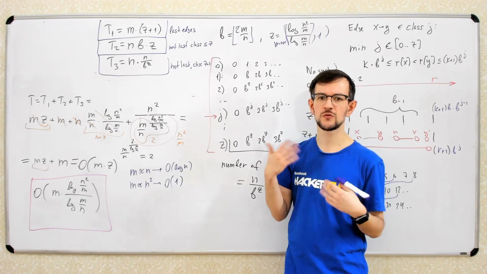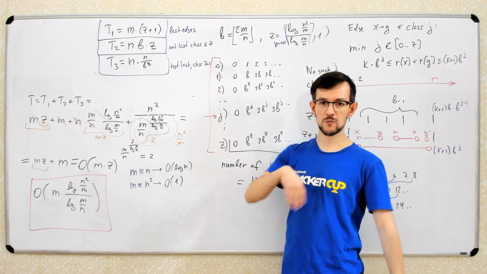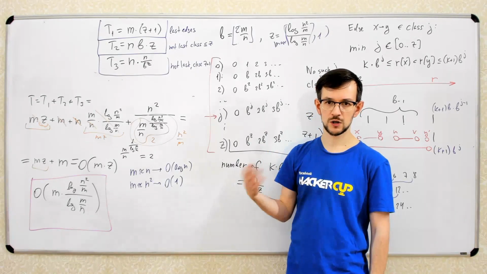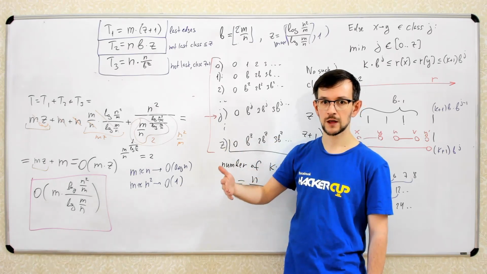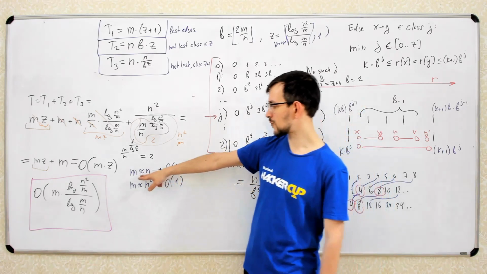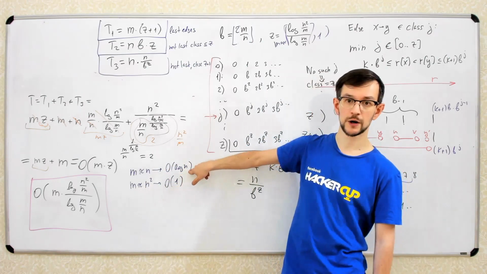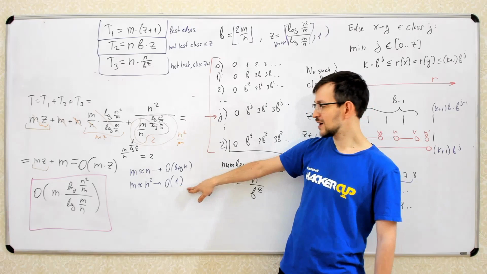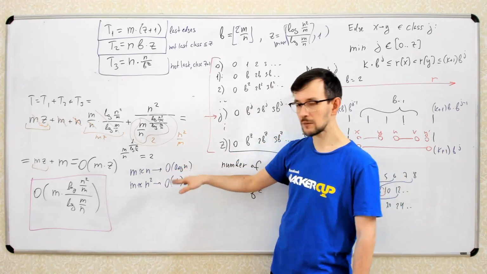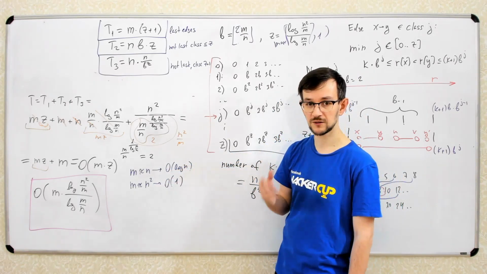That's what I was talking about before. If you make many operations with the data structure, it becomes faster and faster. If you make a small number of operations, time complexity will be log n. If you make many operations, it will be constant. If you make something in between, time complexity will be something in between.